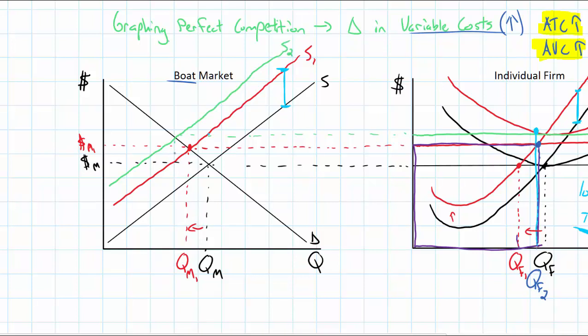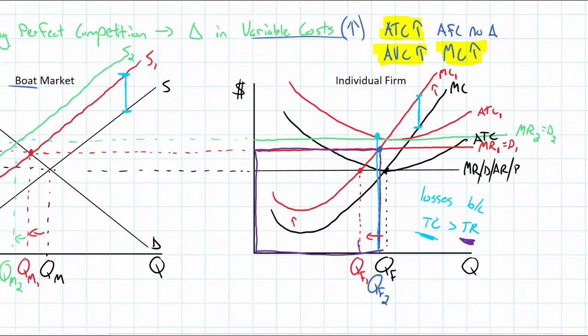So now I can finish things off with a QM2, an even smaller quantity at an even higher price. And now we're back at long run equilibrium. And check this out, where all three of these lines meet, I'll call this QF3. And I know it's getting very busy here.